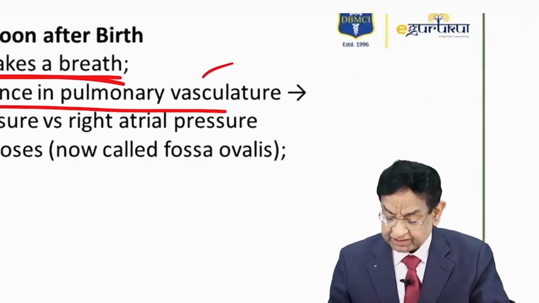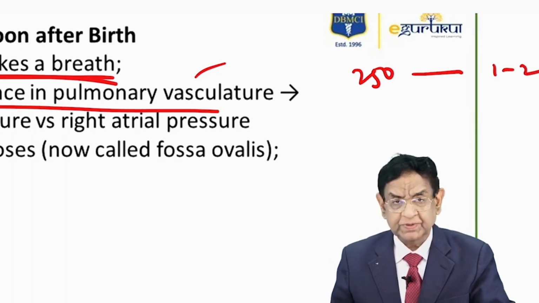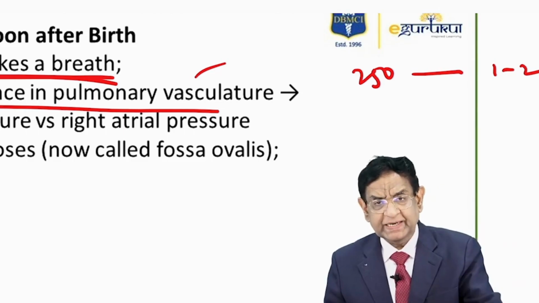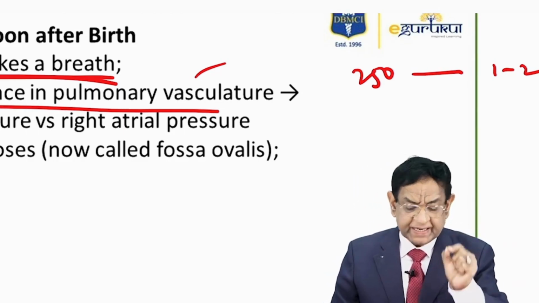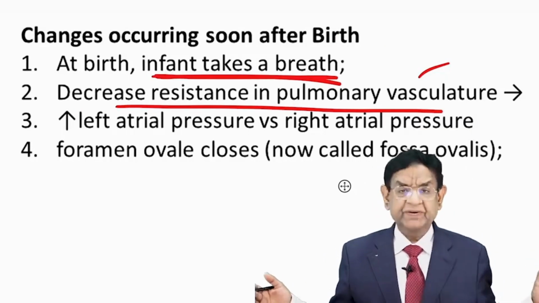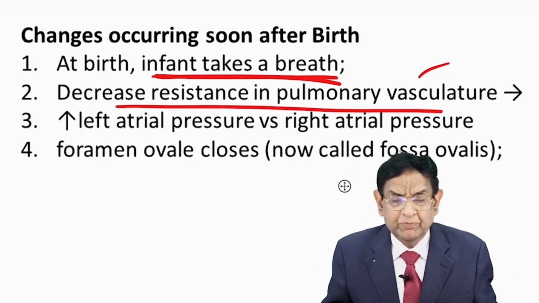How much was it? 250. And in adults it is 1 to 2. Of course it will not come to 1 to 2 immediately, but it starts getting down. So with the result, definitely now more and more blood will go to the pulmonary circulation.